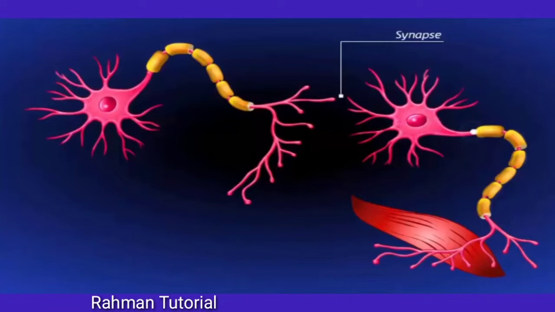This is generally how the nerve impulse travels in the body. This process continues till the impulse from the neurons is delivered to the other cells such as muscle cells or glands.